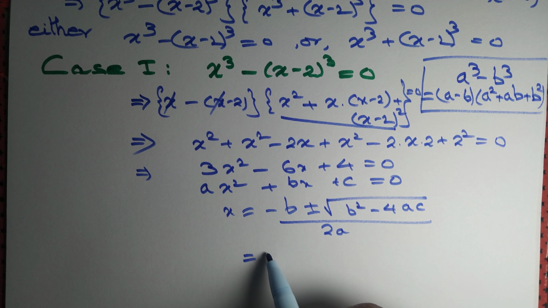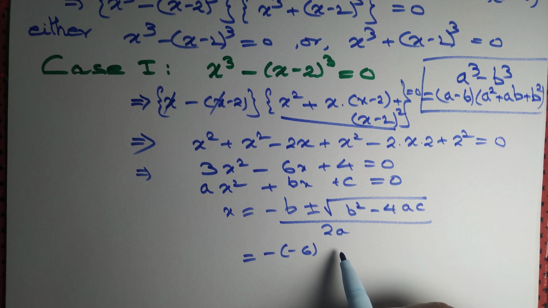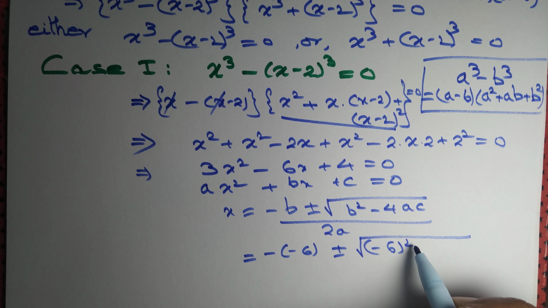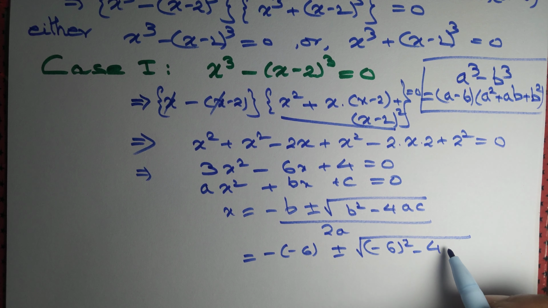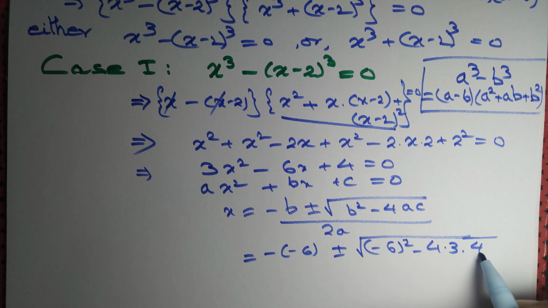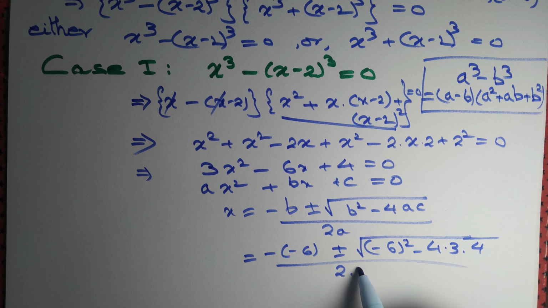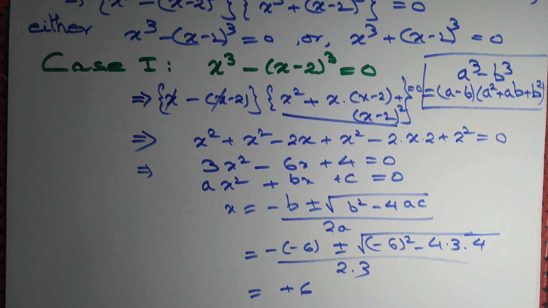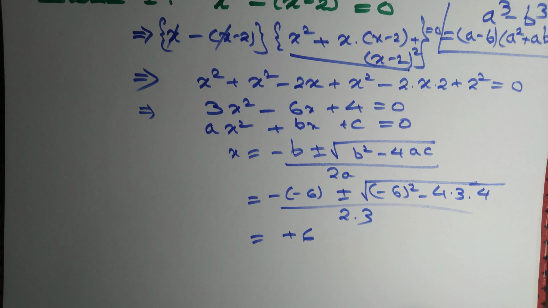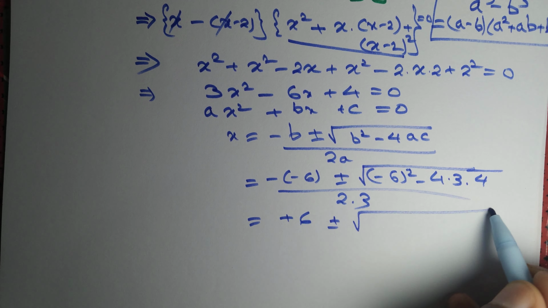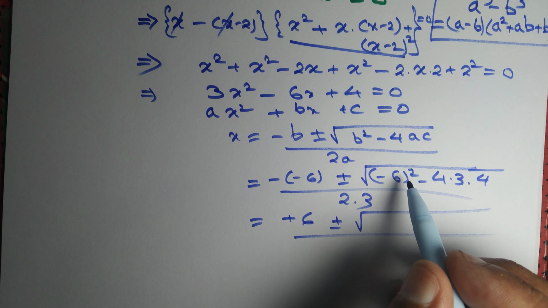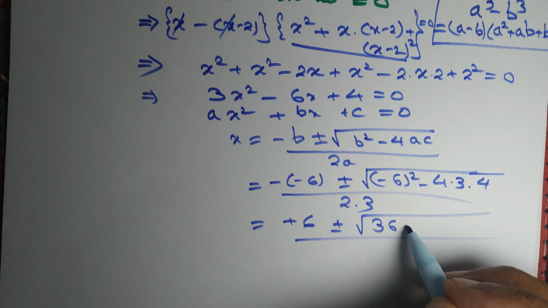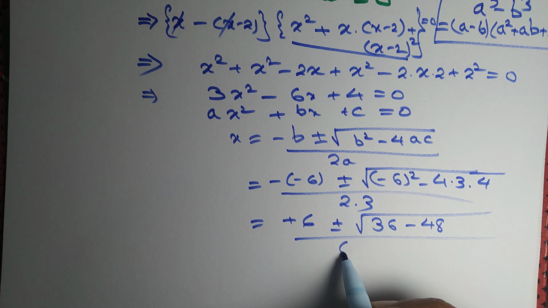Here b equal to minus 6, so minus of minus 6 plus minus root over (minus 6) whole square minus 4 into a is 3 into c is 4, divided by 2 into a is 3. Minus of minus 6 is plus 6. And plus minus root over minus 6 square is 36. 4 into 3 is 12, 12 into 4 is 48, by 6.